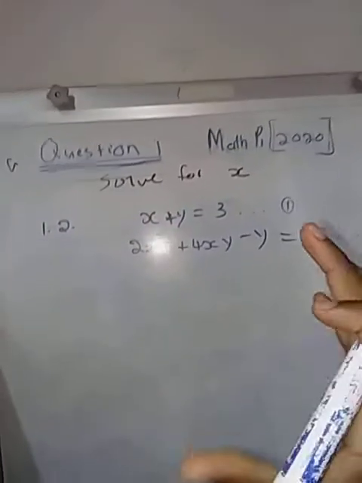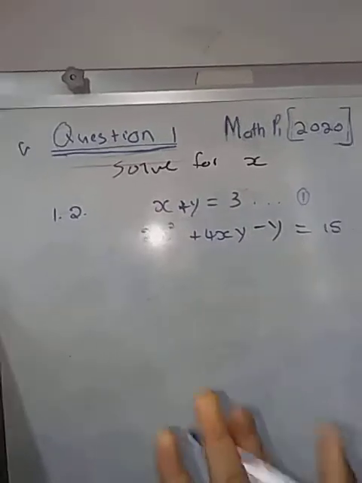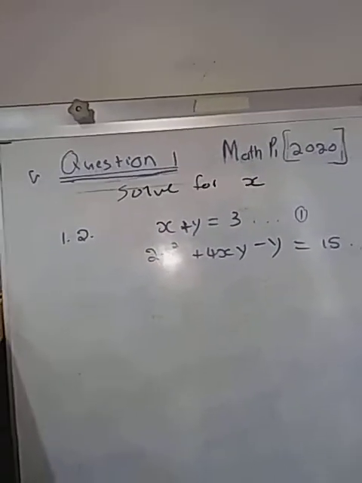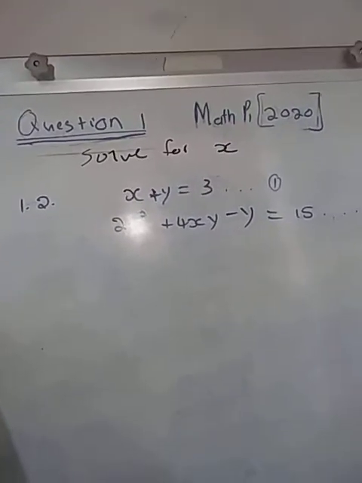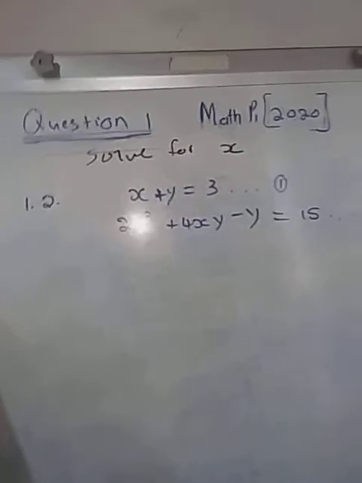Then you can use the first equation to derive a third equation. Actually, in simultaneous equations you can derive an infinite number of equations, as long as what you're doing is correct.